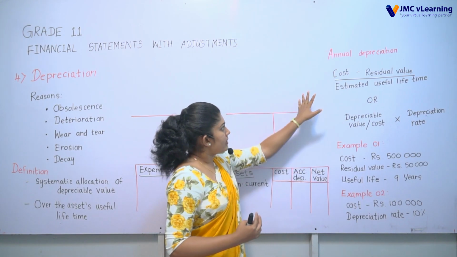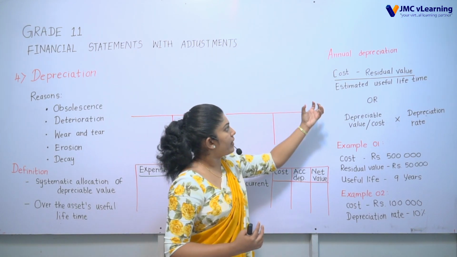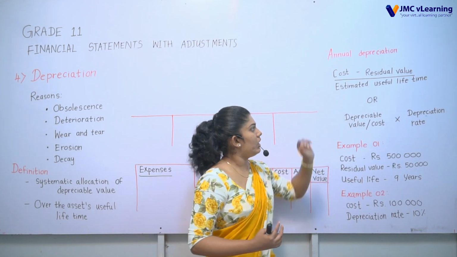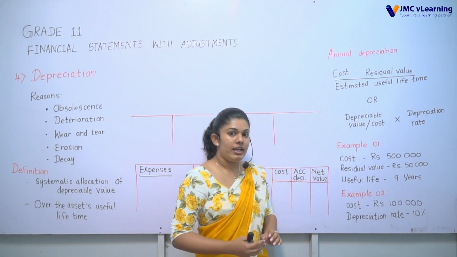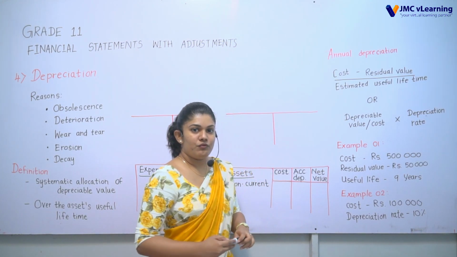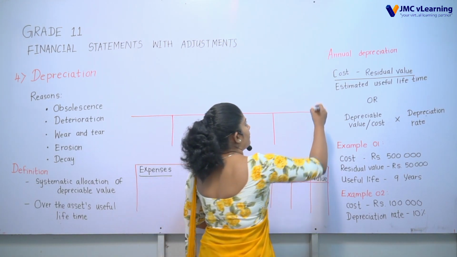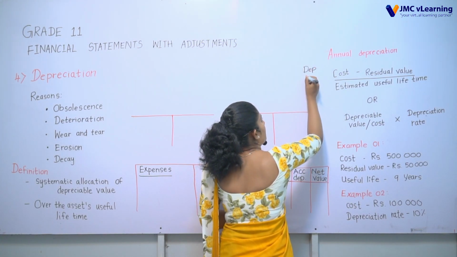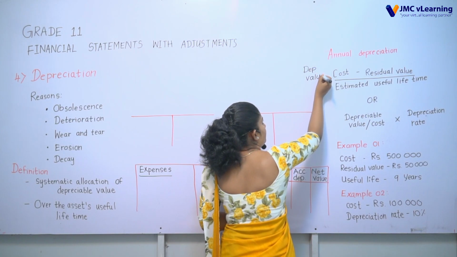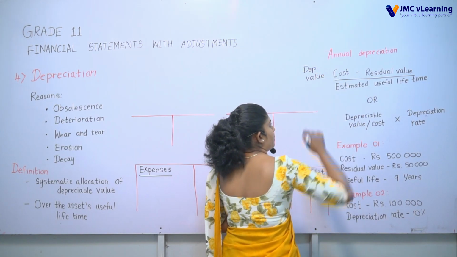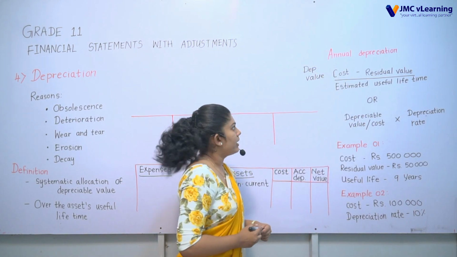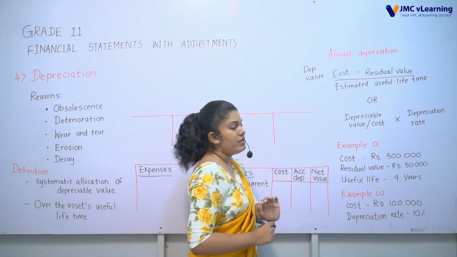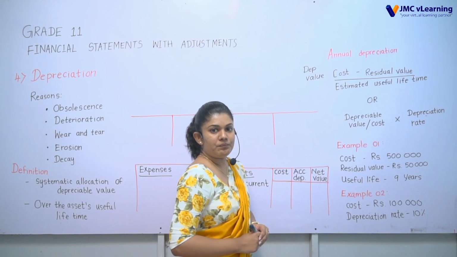So, out of cost, you have to reduce the residual value. And the answer, which we recognized earlier as depreciable value, cost minus residual value, divided by estimated useful lifetime.